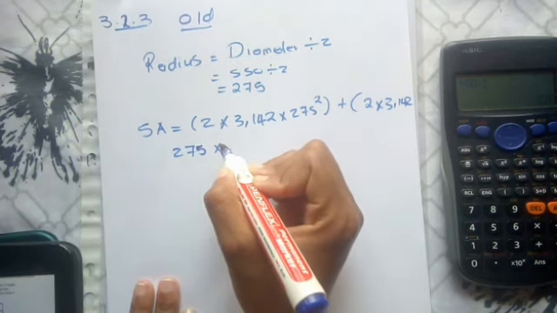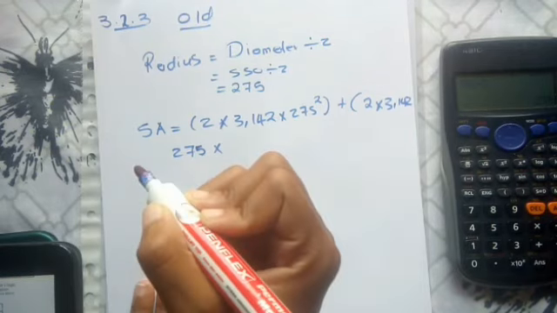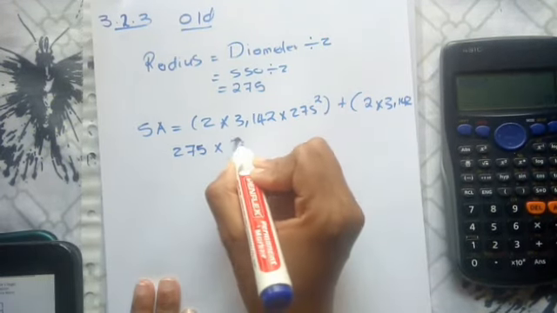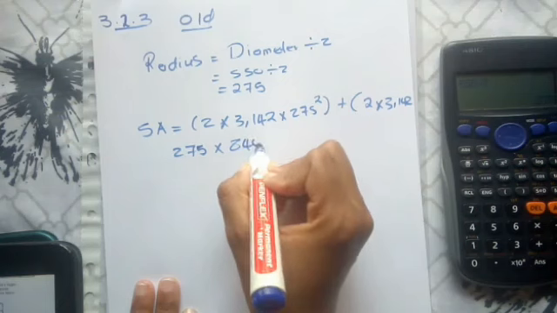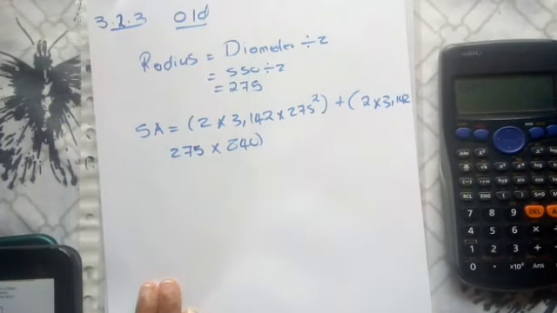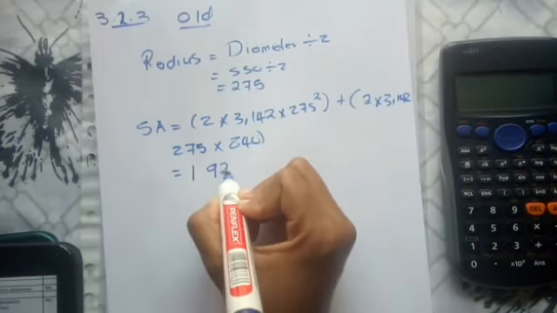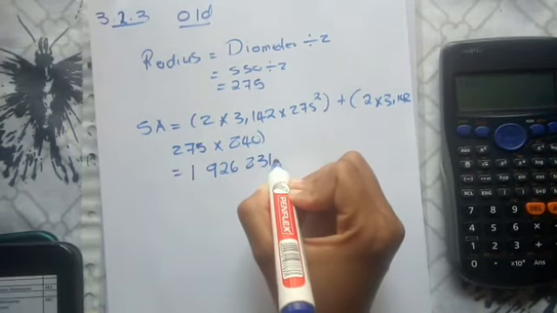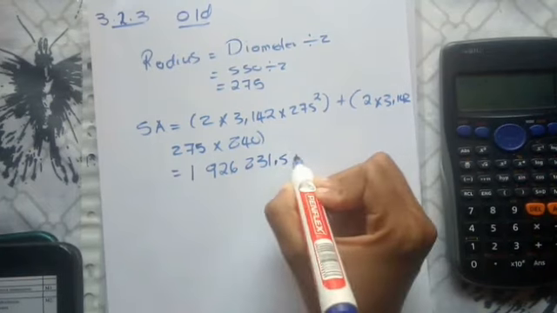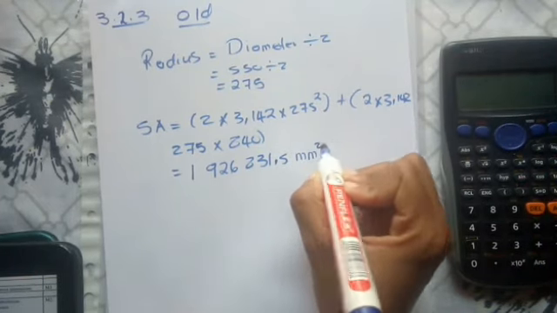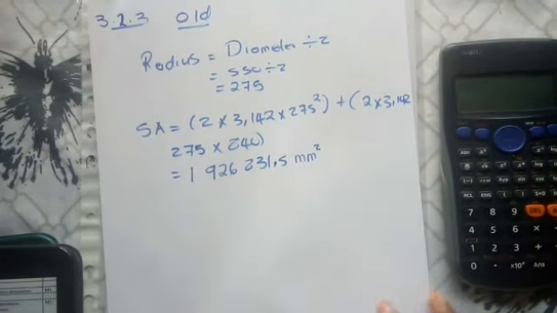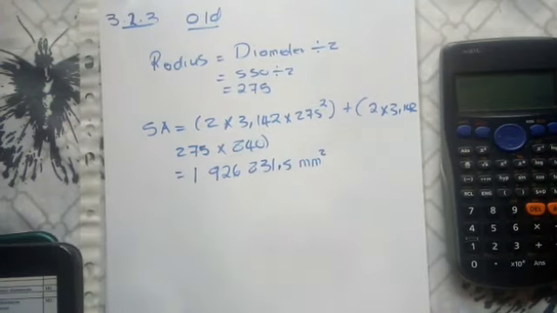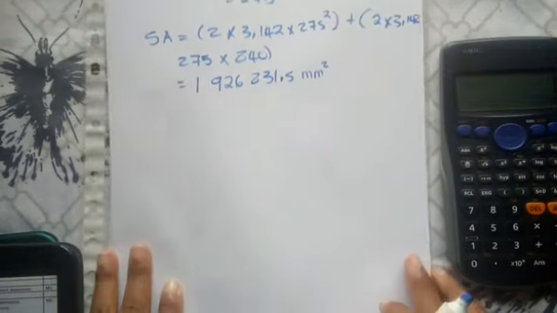The length for our old geyser, we go back to the table and we see that it is 840. That gives 1,926,831.5 millimeters squared. Don't forget your square every time you do an area. So this is the surface area of the old geyser.